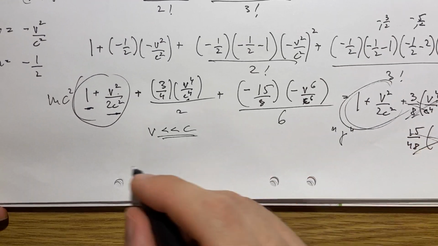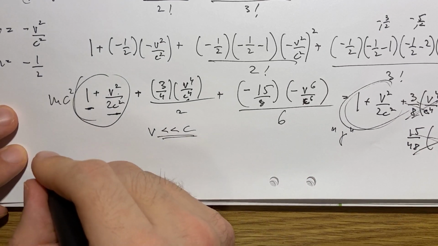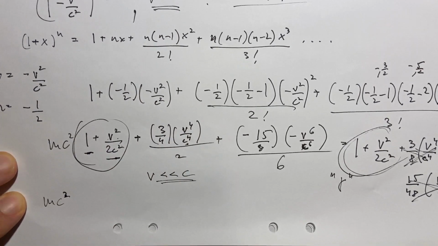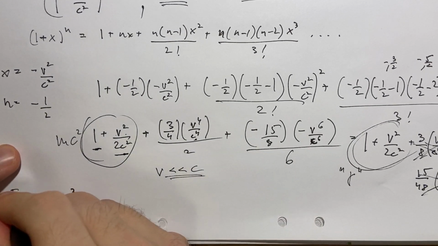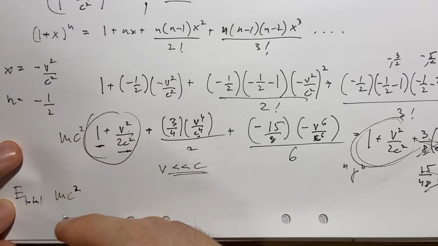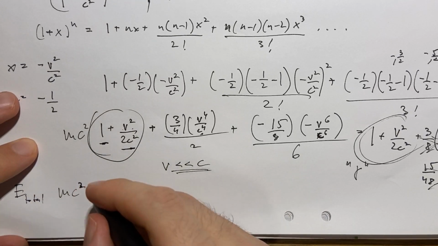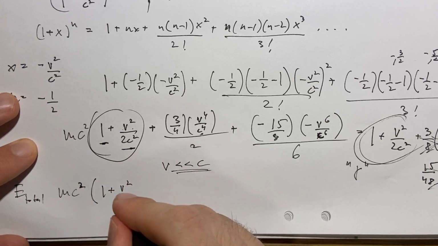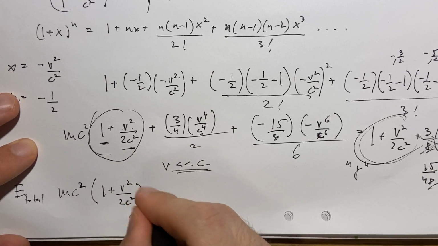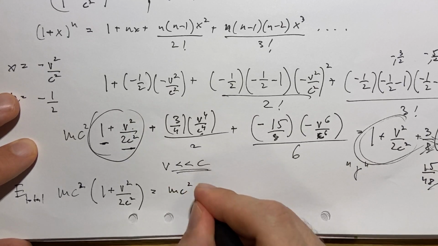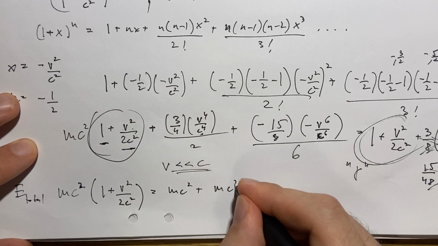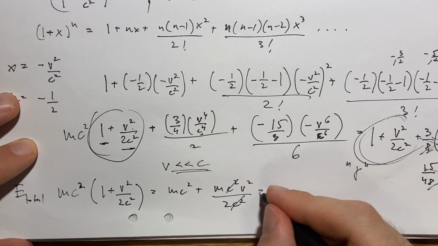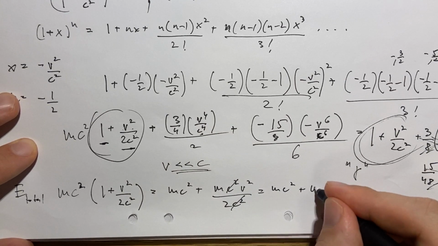So this will give us the expression for the total relativistic energy: E total equals mc squared times 1 plus v squared over 2c squared. That equals mc squared plus mc squared v squared over 2c squared. Those will cancel out, so it equals mc squared plus mv squared over 2.